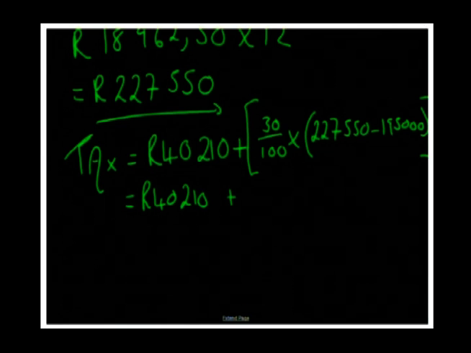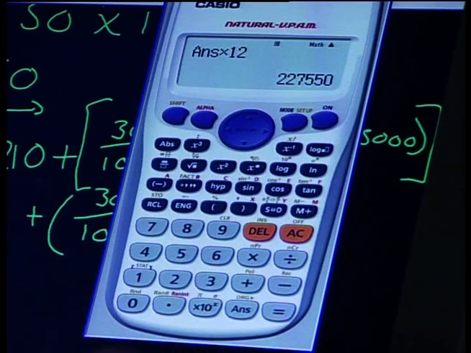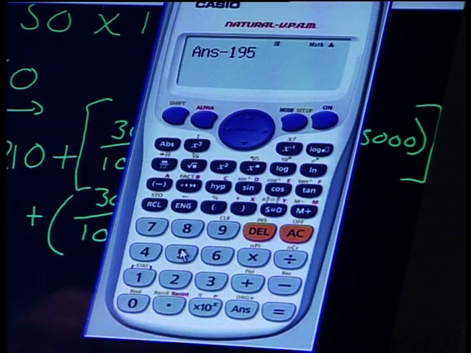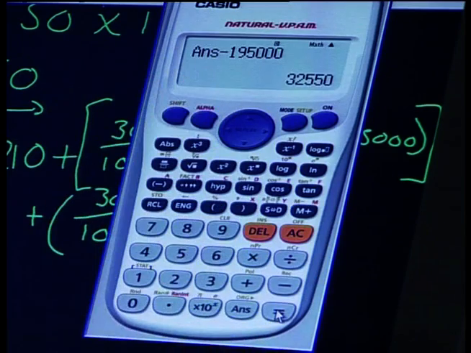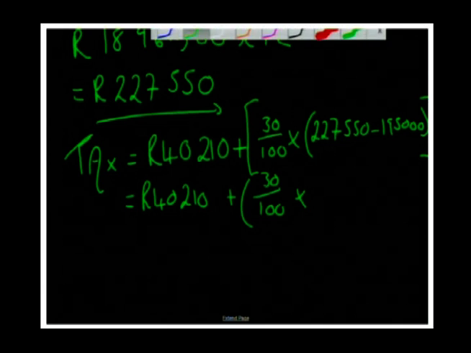So I've got 40,210 Rand, plus I'm wanting to add 30% of every cent above 195,000 I earn. So we're going to take this amount of 227,550, we're subtracting 195,000, and we land up with 32,550.